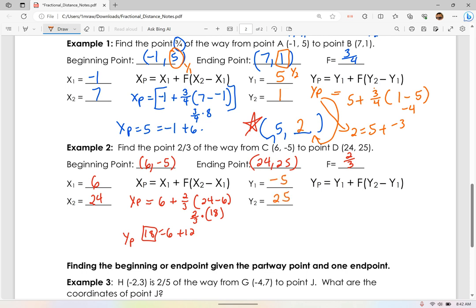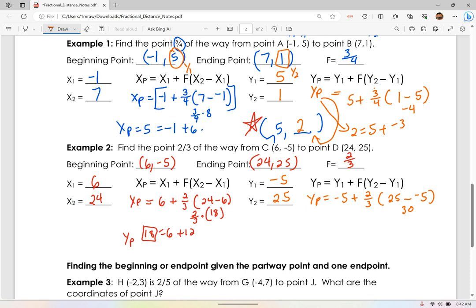Make sure you label if you need to. So YP equals Y1, which is -5, plus our fraction of 2/3 times Y2, which is 25, minus Y1, which is -5. So that's like saying 25 plus 5, and that's going to give me 30.